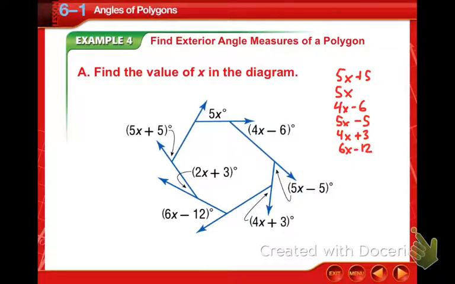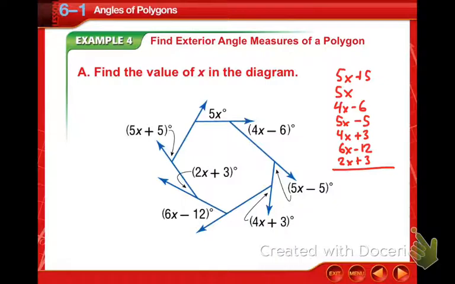So I'm just going around the figure clockwise. So we got 2x plus 3, and then we're back to the 5x plus 5 I started with. So now we're going to add. So kind of like old school addition, right?